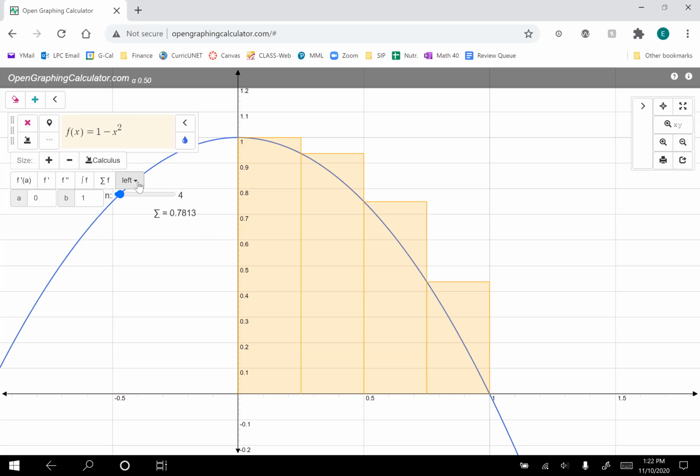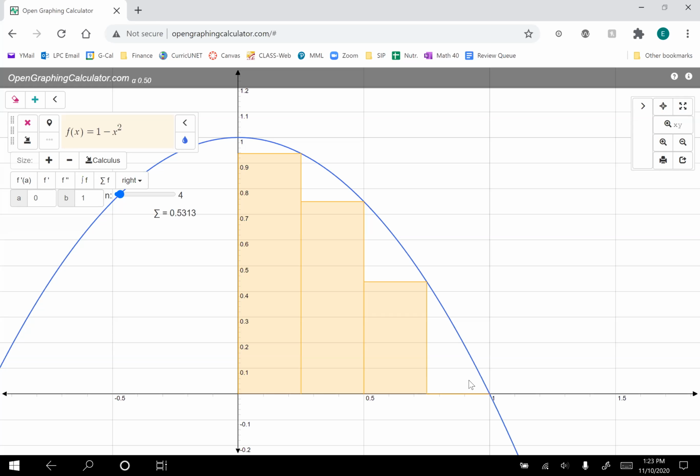Okay, so let's also check our right endpoints. So this is like the middle sketch on our page with the 3 sketches. This was where we had 4 rectangles, but the last rectangle was that funky little flat thing because the right endpoint of that last rectangle is at x equals 1, where the height is nothing.